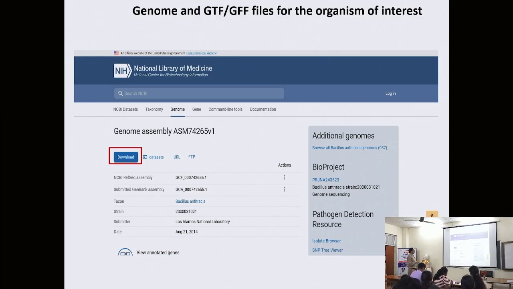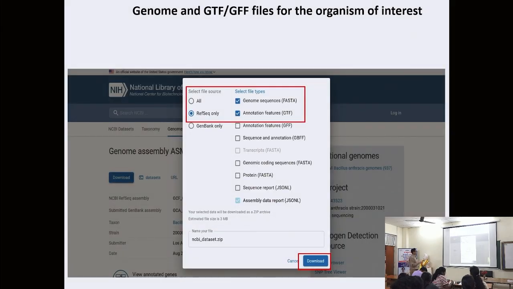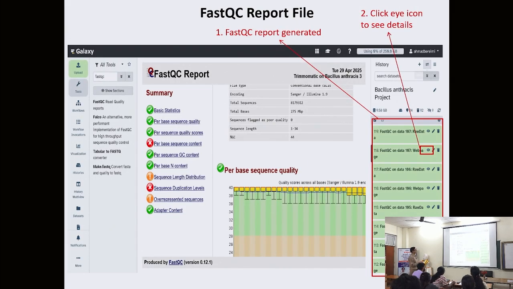So I think this is the page you are now very much familiar with, right? The genome from NCBI. Click on download and download only the genome file, the FASTA file, and the annotation file, which is the GTF file.